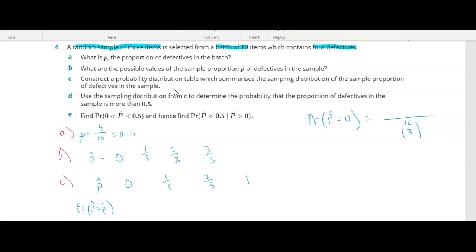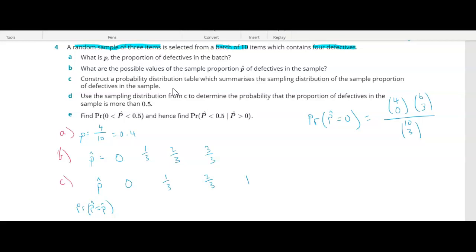Okay, so how many have we got defective? So 4 defective, and we're choosing 0. So that means we've got 6 that aren't defective, and that means all of them that we're choosing. So 3. Remember, we're choosing 3 items.